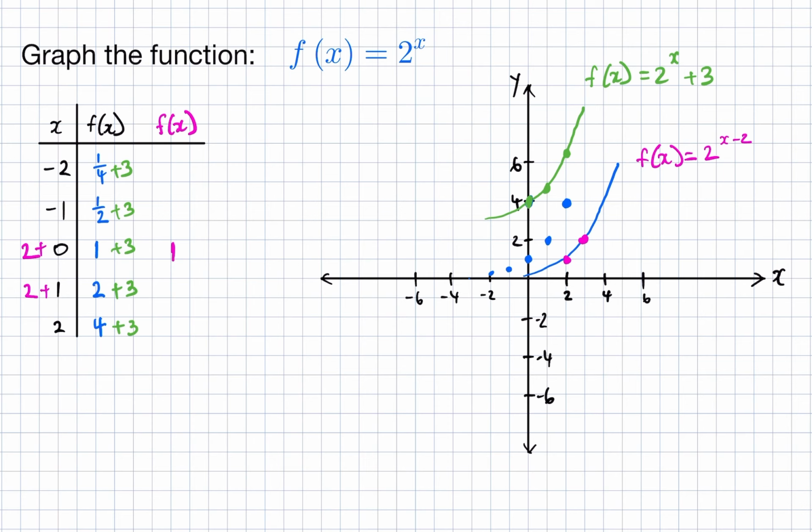And let's try one more point. Let's add 2 to this. So let's say it is now 4. 2 plus 2 is 4. So what would happen if we inserted 4 for x into this function? Well, if this is 4, then 4 minus 2 is 2, so that means this would be 2 to the second power, and 2 to the second power is 4.